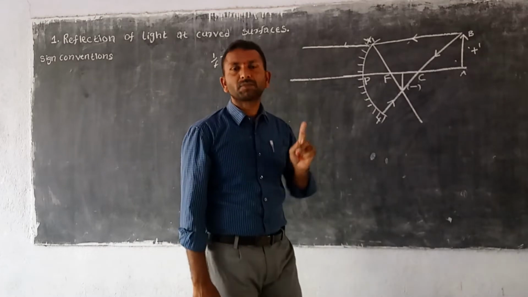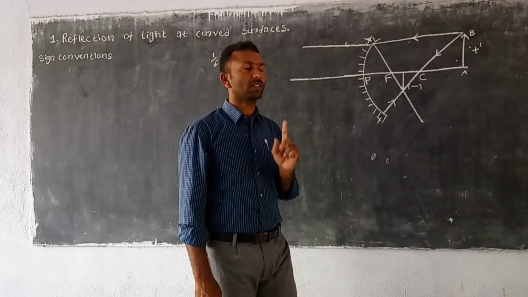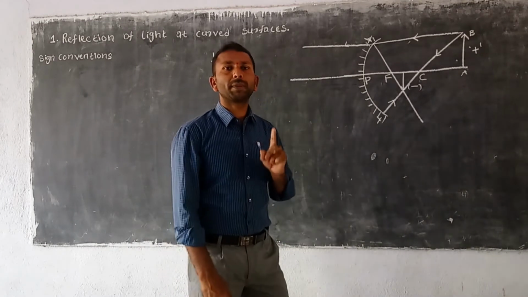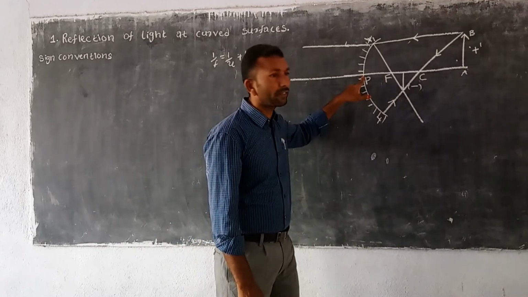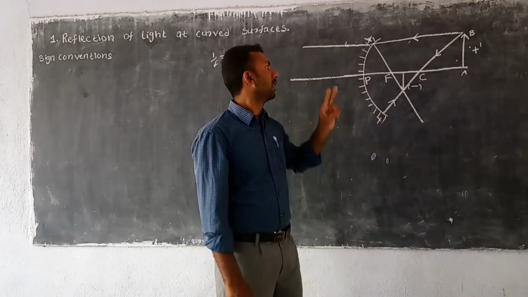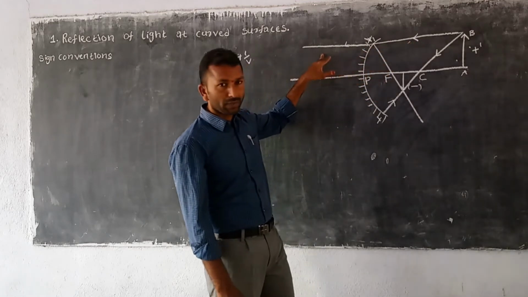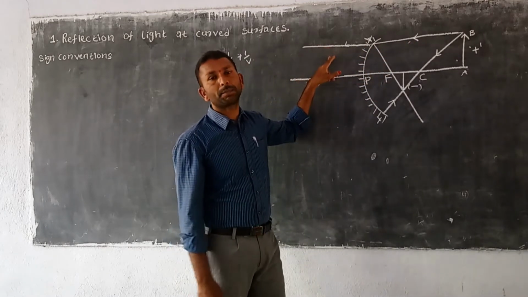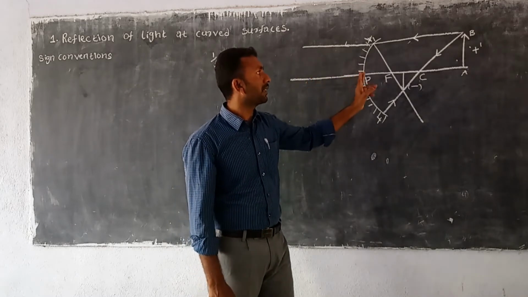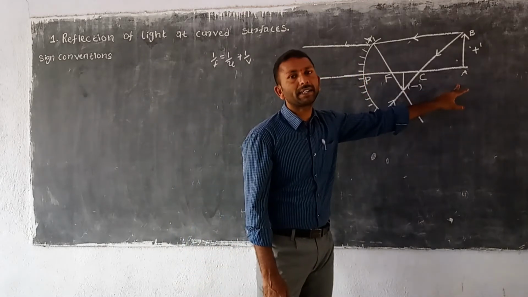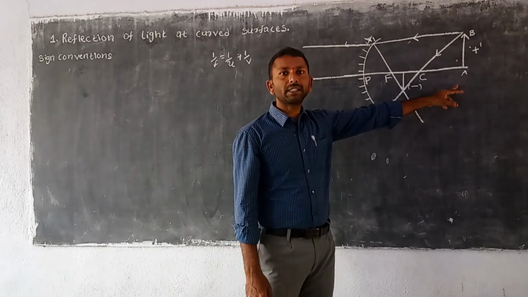So first one, all the measurements should be measured from the pole of the mirror. Second one, if you are measuring in the direction of incident light, that should be taken as positive, and if you are taking the values in the direction opposite to the light ray, those are taken as negative values.